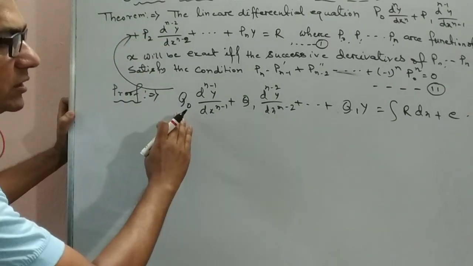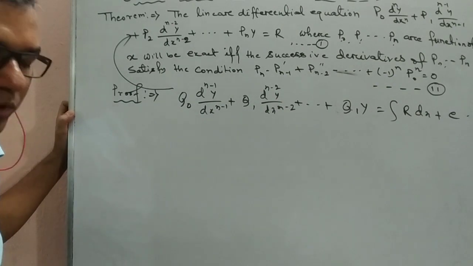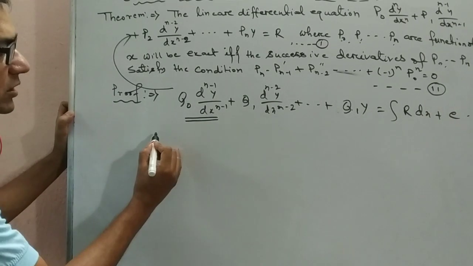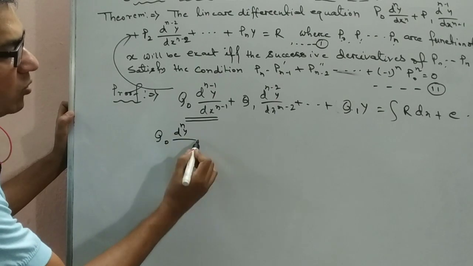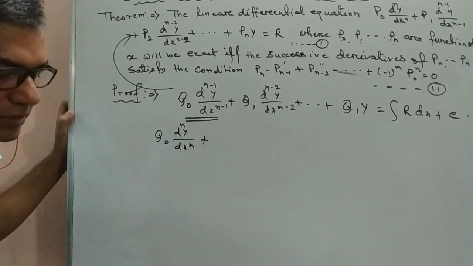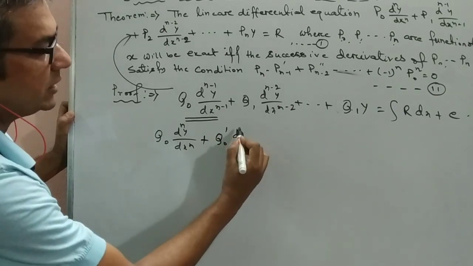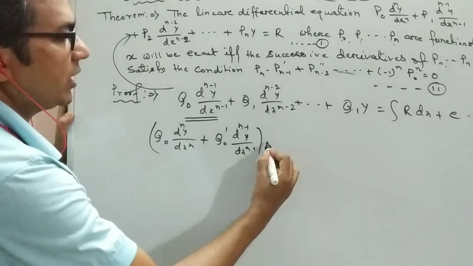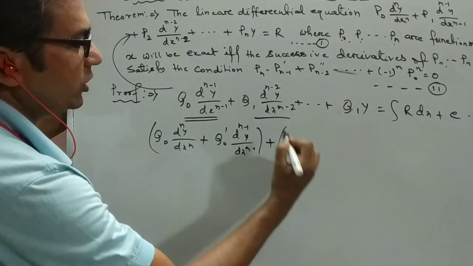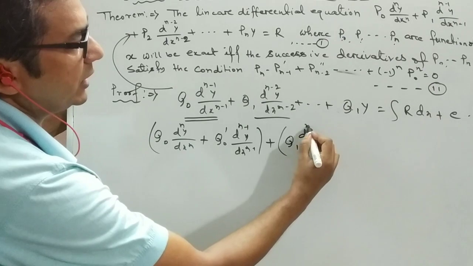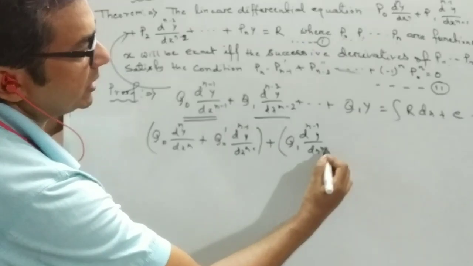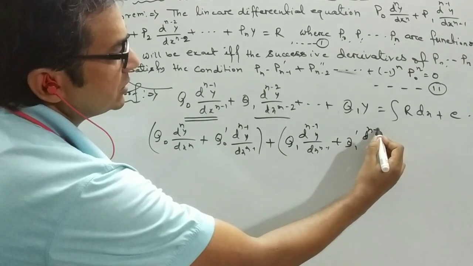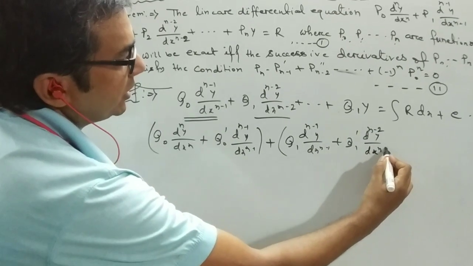Now we differentiate this relation. Differentiating the first term, we get u0 d^n y by dx^n plus u0 dash d^(n-1) y by dx^(n-1). Differentiating the second term, we get u1 d^(n-1) y by dx^(n-1) plus u1 dash d^(n-2) y by dx^(n-2).